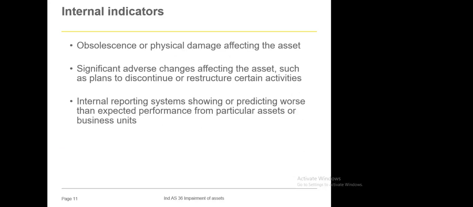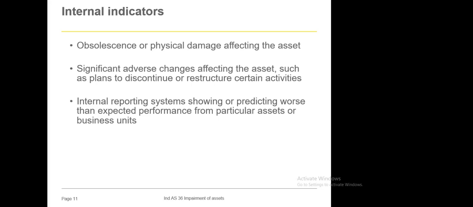If the carrying amount of that asset as on today was 10,000 rupees, but now because of the physical damage caused by an employee, we are saying that we won't be able to recover more than 2,000 rupees, that means we need to do the impairment of that asset by 8,000 rupees. But this is not an external indicator because this has happened because of the employee of the company.